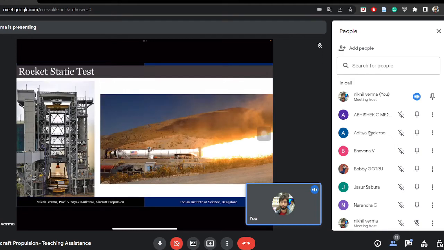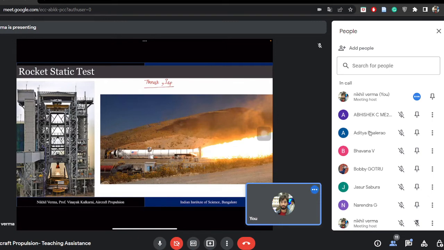Okay, so coming on to some rocket stuff. There are two quantities that are used to characterize rocket performance. One is known as the thrust, and the other is known as the ISP of the rocket engine.